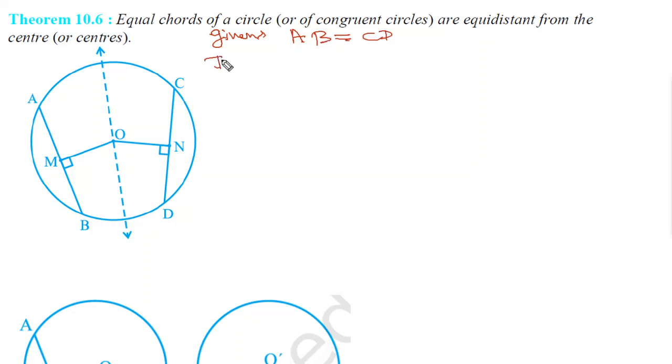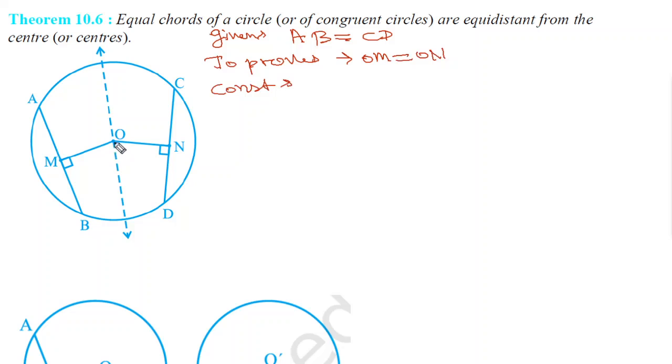To prove: OM, equidistance means the perpendicular distance. Always remember that distance from a point means it is perpendicular distance always. So we have to prove that OM equal to ON.